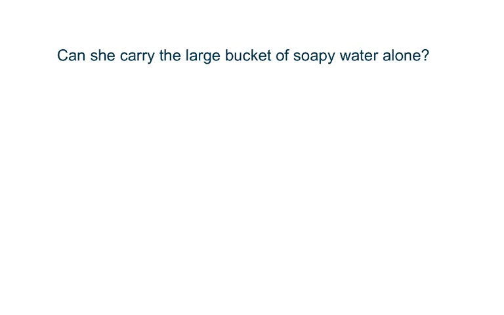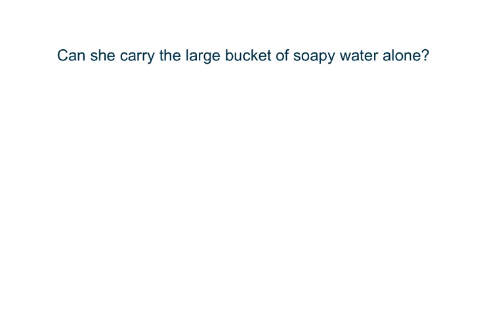Let's look at Well-Ordered Language, exercise A. I'm flipping in my book, page 58. The first sentence we're going to diagram: Can she carry the large bucket of soapy water alone? Okay, remember the key here. When we have a question, think about it in your mind as a statement instead.